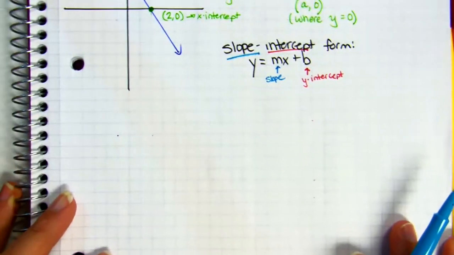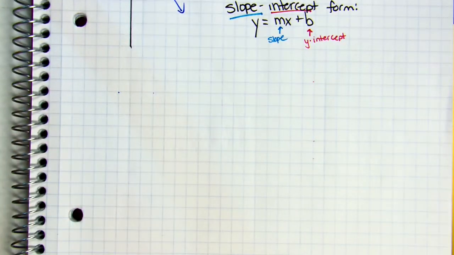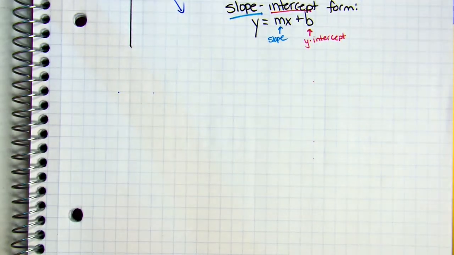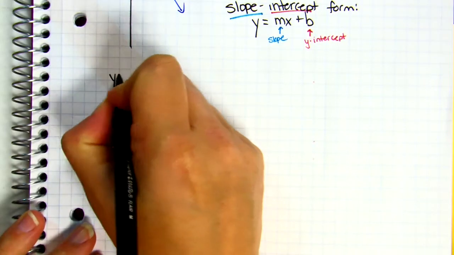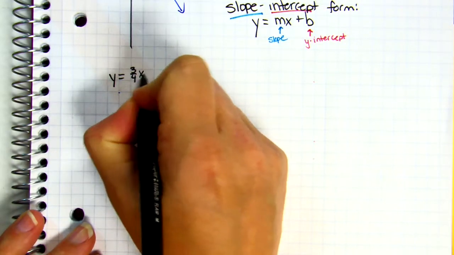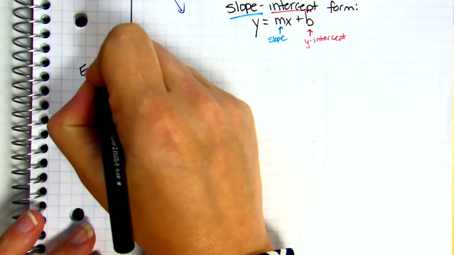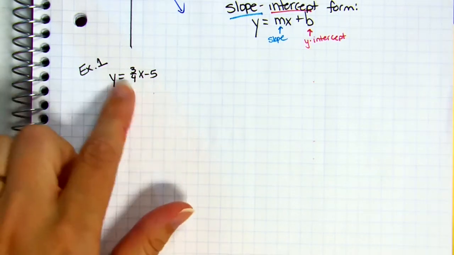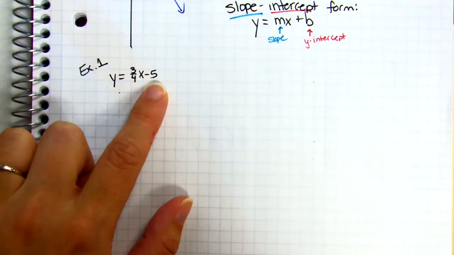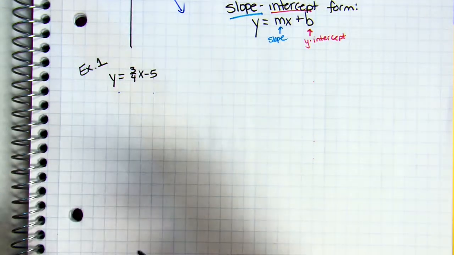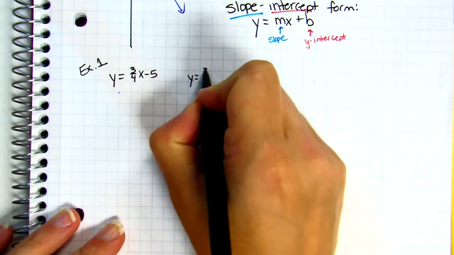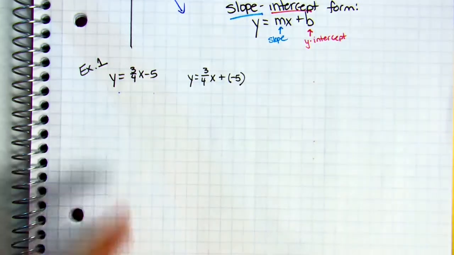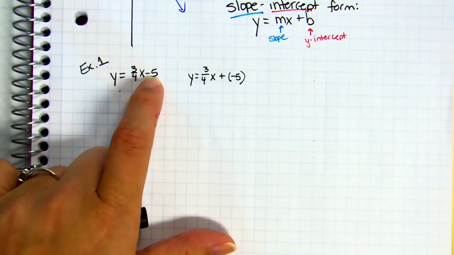So the first thing that you need to be able to do is to just identify the slope and the intercept when you're given an equation. So for example, if you have this equation, this will be example 1. By just looking at it, you can tell exactly what the slope of this line is, and you can see where it crosses the y-axis. Technically, for it to be in slope-intercept form, you might think about it as plus a negative 5, but you should be able to recognize that pretty quickly.